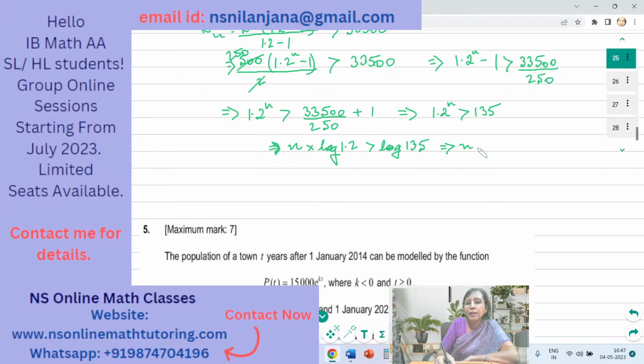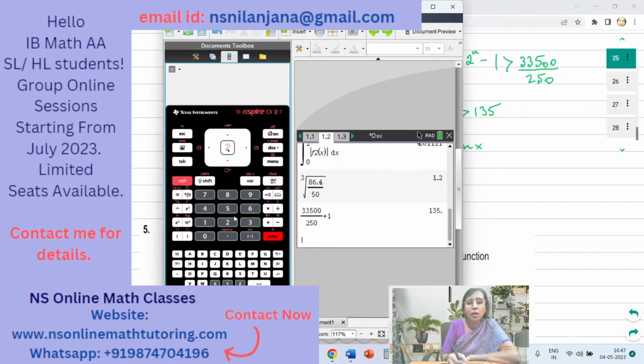So n times log of 1.2. It is base 10, I don't have to write it. See, if you don't write the base, it is taken as 10.